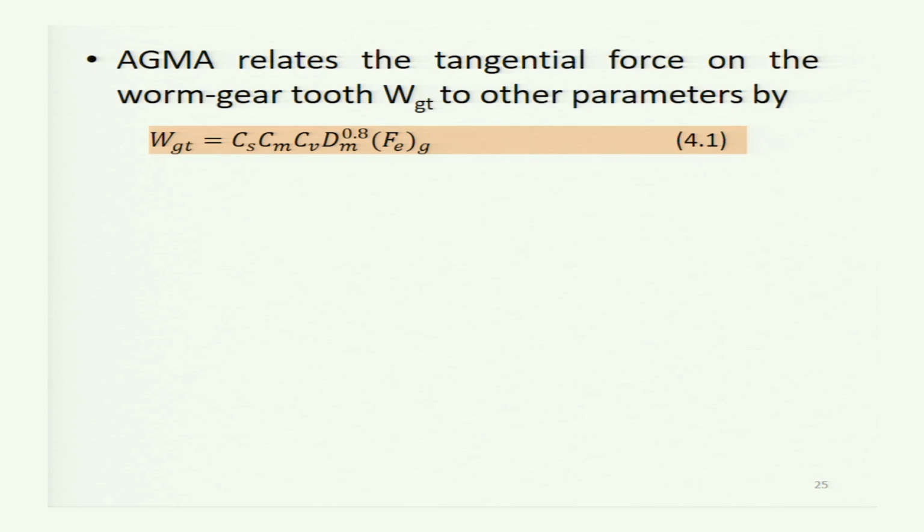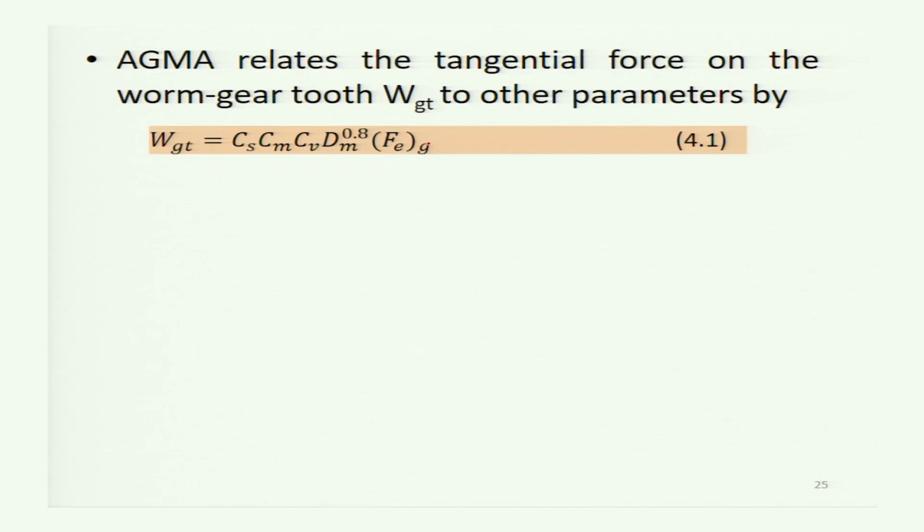AGMA relates the tangential force on the worm gear tooth, WGT, to other parameters by WGT equals CS multiplied by CM multiplied by CV, dm to the power 0.8, multiplied by FEG.